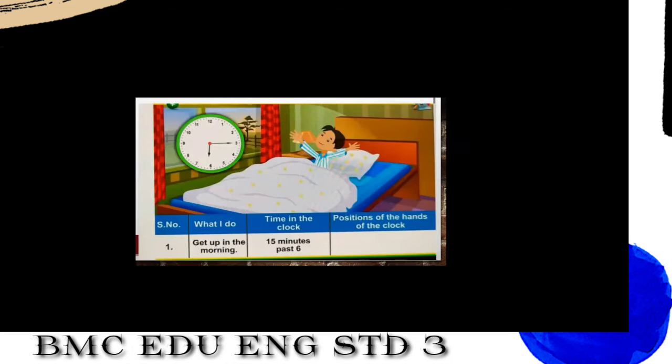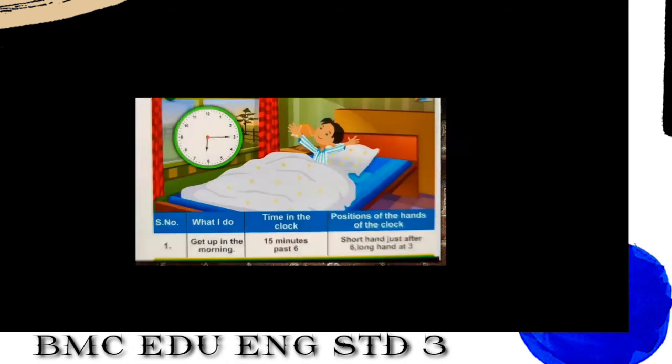Can you see the clock on the screen? Yes, it is 15 minutes past 6. But what is the position of the hands of the clock? Yes, the short hand just after 6 and the long hand at 3. So in this way, you are going to write in the table.